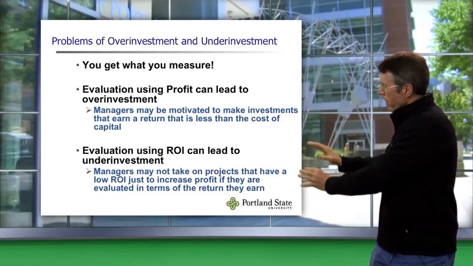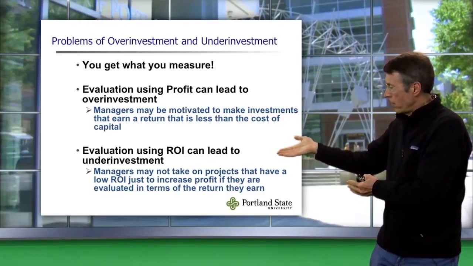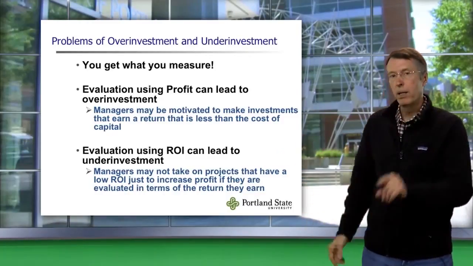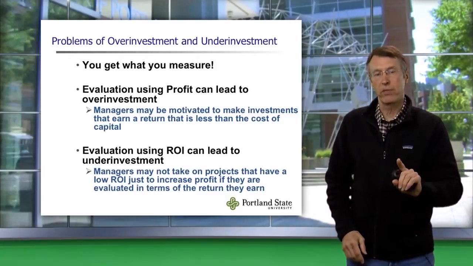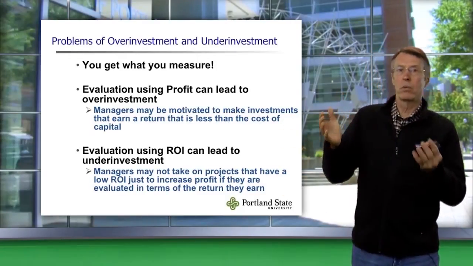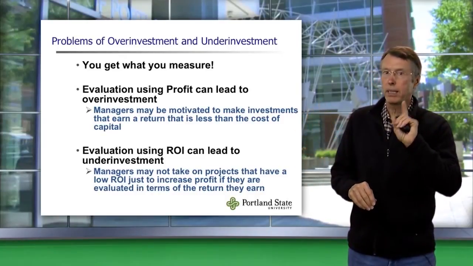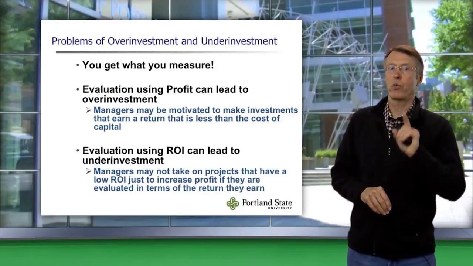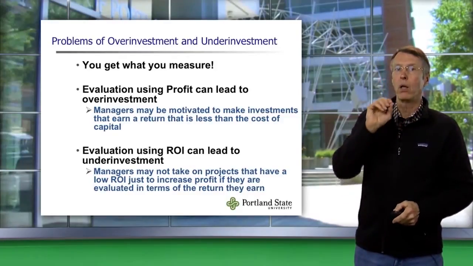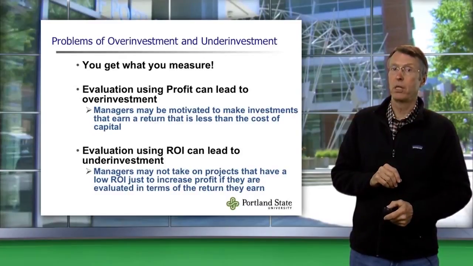But on the other hand, when we're evaluating our divisions and our managers using ROI, that can lead to underinvestment in the way I spoke to on the previous slide. So what's the right happy medium? It depends. We just have to make sure we know what we're measuring and know what we will then expect our managers to do.